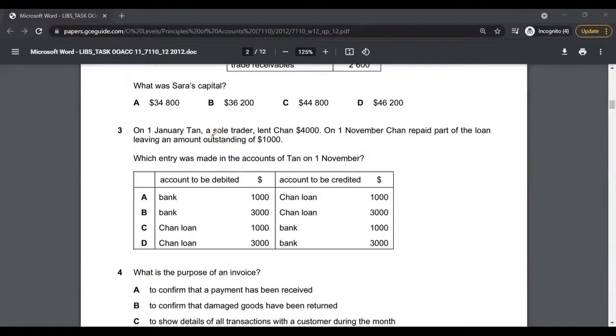Multiple choice 3. On 1st January 2010, a sole trader, Tan, lent Chan $4,000. On 1st November, Chan repaid part of the loan, leaving an amount outstanding of $1,000. Which entry was made in the accounts of 2010 on 1st November?